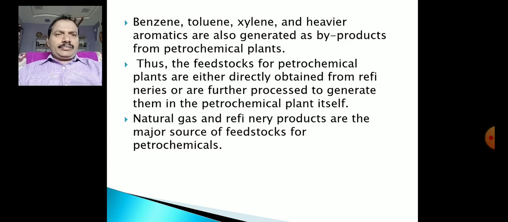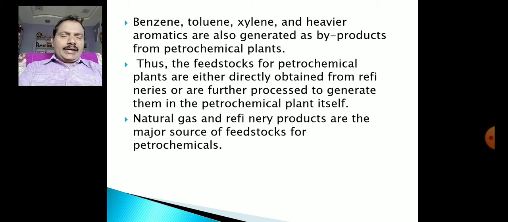And benzene, toluene, xylene, and heavier aromatics are also generated as byproducts from petrochemical plants. Thus, the feedstocks for petrochemical plants are either directly obtained from refineries or further processed to generate them in the petrochemical plant itself.